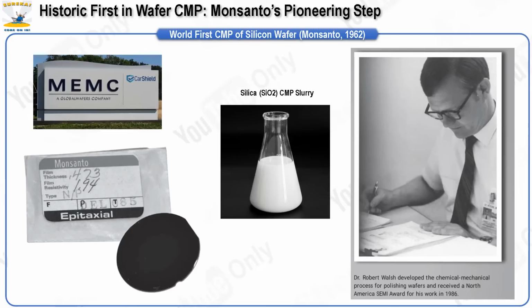Dr. Walsh's breakthrough came somewhat serendipitously. While experimenting with the alumina-based polishing process, Dr. Walsh noticed that the surface quality of the wafers improved significantly over time. He initially thought that the alumina particles were breaking down into finer sizes, which would cause fewer scratches.